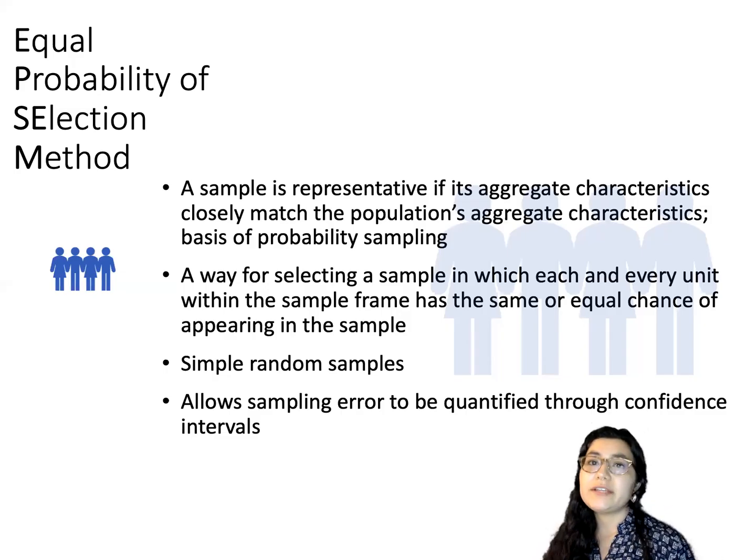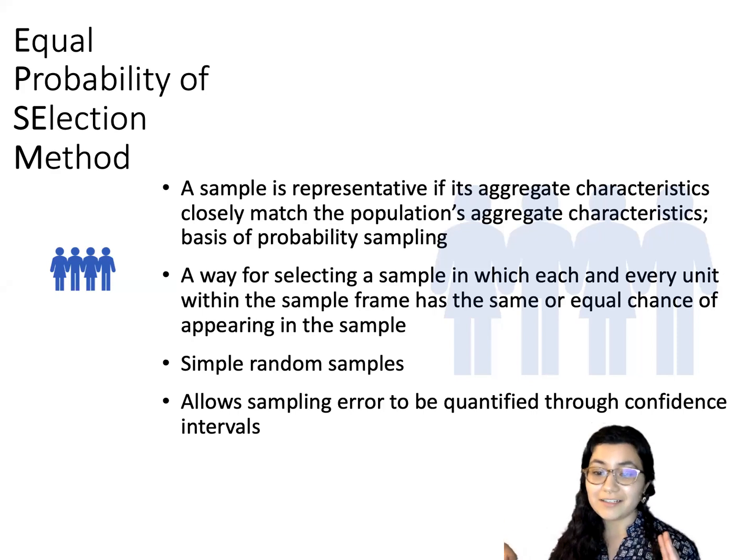And so simple random sampling is the foundation of unbiased sampling. It ensures that we are not having any error bias. And if we do simple random sampling, if we use the equal probability of selection method, then that means that we can lean on statistical theorists, and you don't need to know the full statistical theory behind these assumptions.